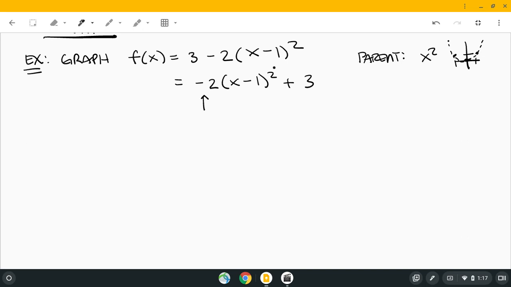Okay, so let's go ahead and write that down. The negative will reflect over the x-axis. The 2 will give it a vertical stretch.